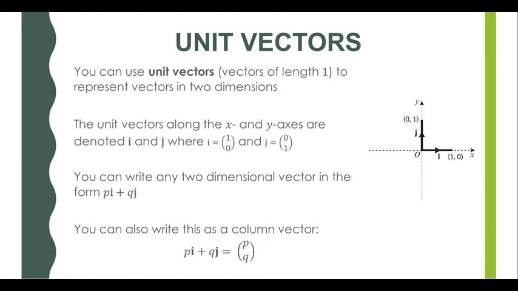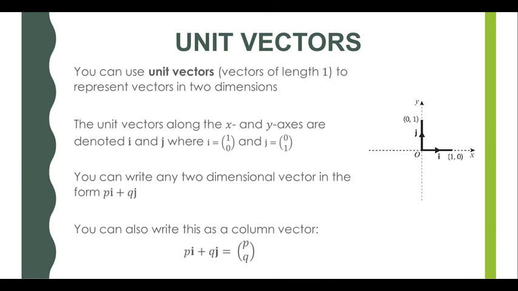We can use unit vectors, which are vectors of length 1, to represent vectors in 2 dimensions. The unit vectors along the x and y axis are denoted i and j, where i is the vector 1, 0 and j is the vector 0, 1.